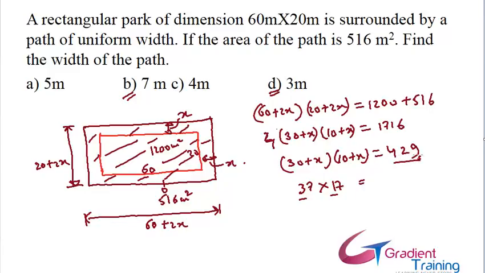That is how we check multiple of 3, by adding the digits. So 429 is a multiple of 3. If you put x equals 7, none of these two factors is a multiple of 3. So we have 7 being removed from the consideration list, and that makes option D, that is 3 meters, the right answer.